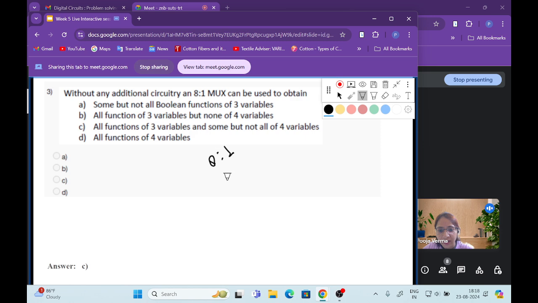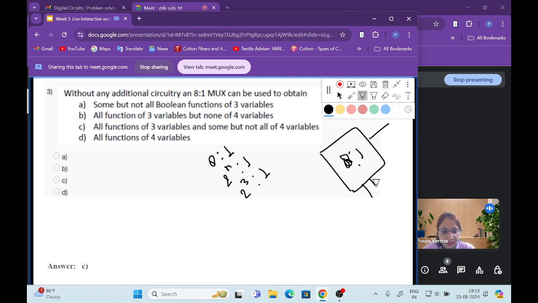We can write it in 2 to the power n form in order to find out the selection lines, or that can be written as 2 to the power 3:1, right? So three variables we can make for sure, because here the 8:1 mux has one output.